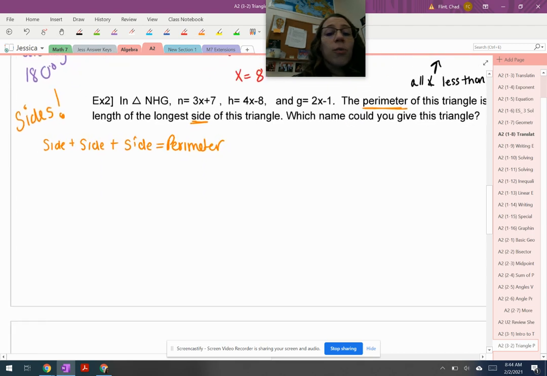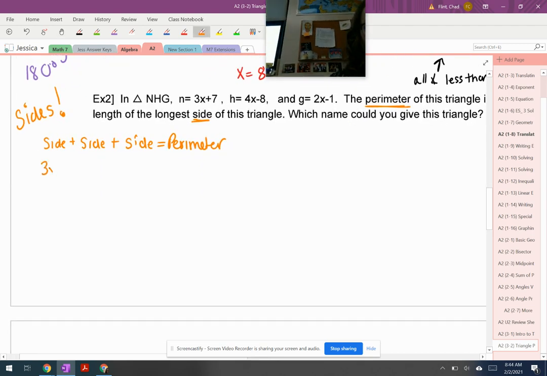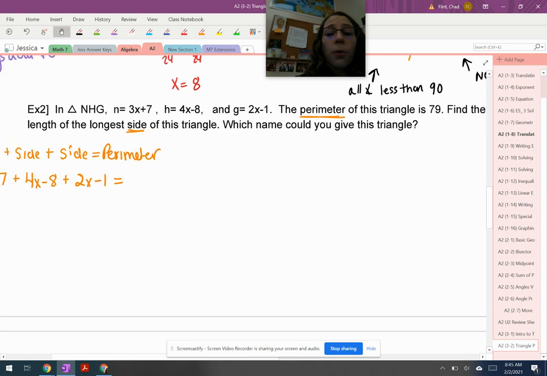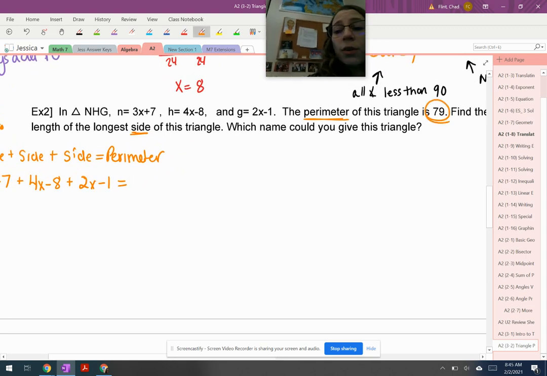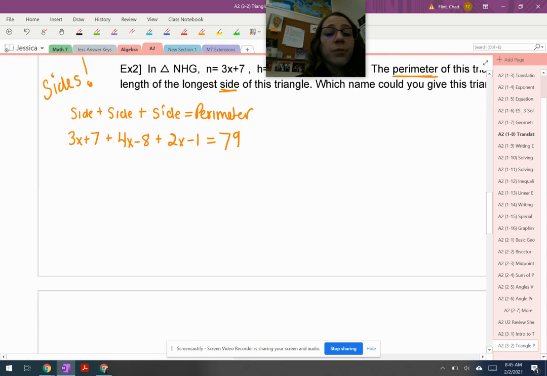So they're telling me that one of the sides is 3x plus 7, plus the other side of 4x minus 8, plus the third side of 2x minus 1. And that whole thing is going to be set equal to what they told me the perimeter was, which was 79.